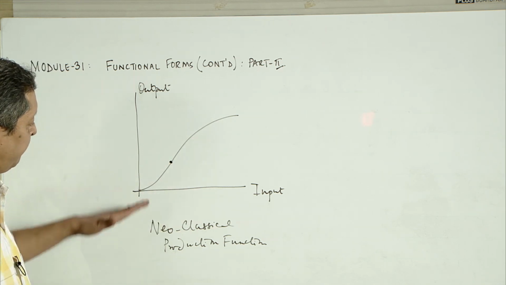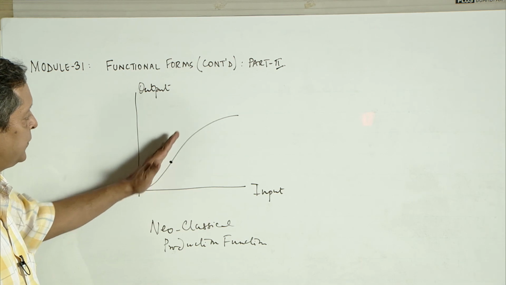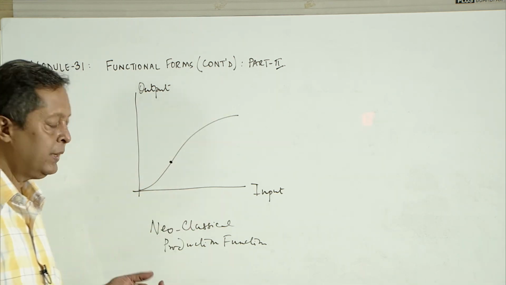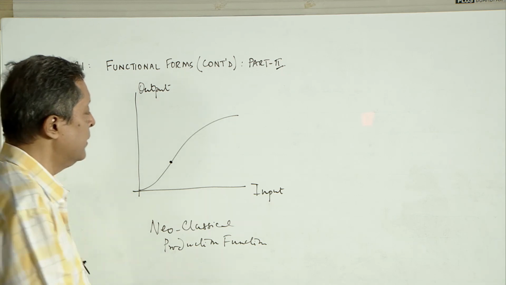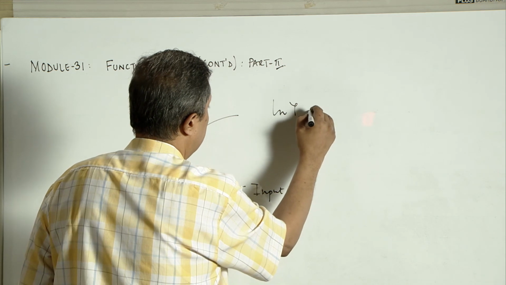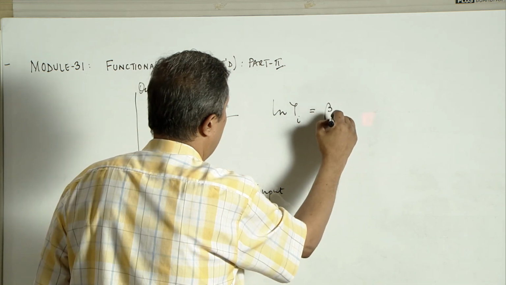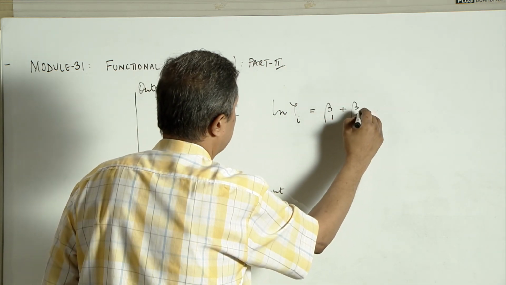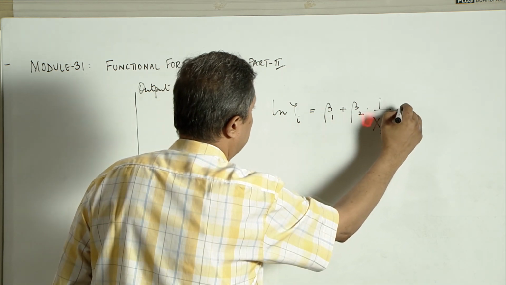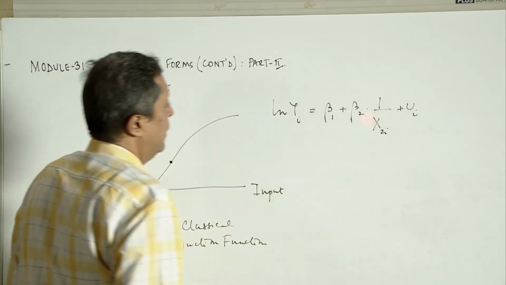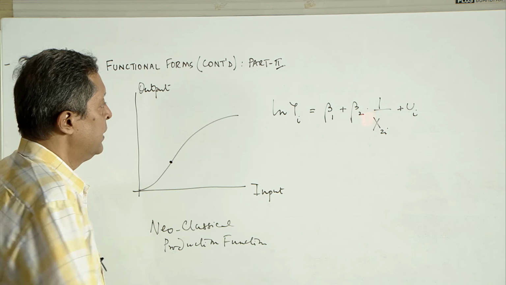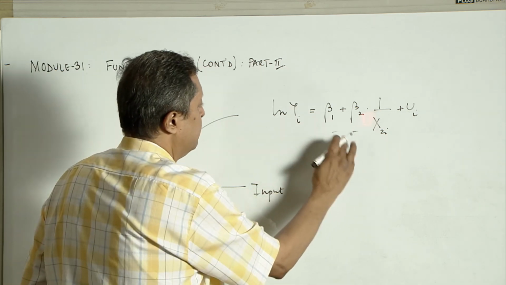Before that we have increasing productivity, after that we have diminishing productivity. So, the model that captures this kind of behavior is log yi equal to beta 1 plus beta 2 times 1 upon x2i plus ui. Once again, the relation is nonlinear, but the model is linear in beta 1 and beta 2.